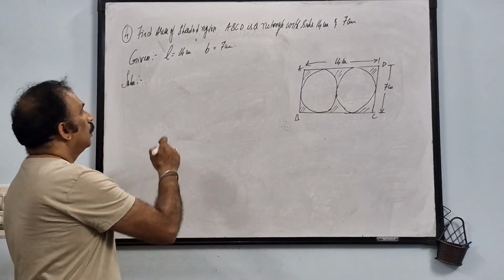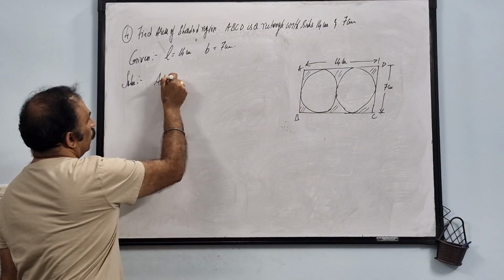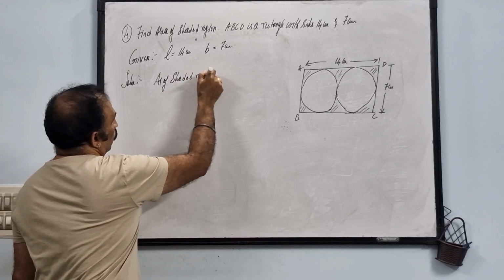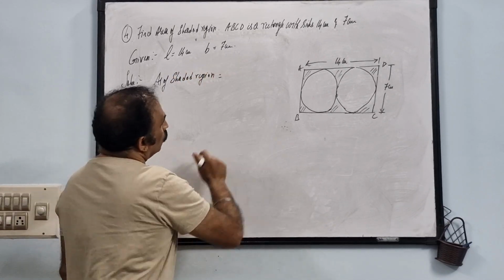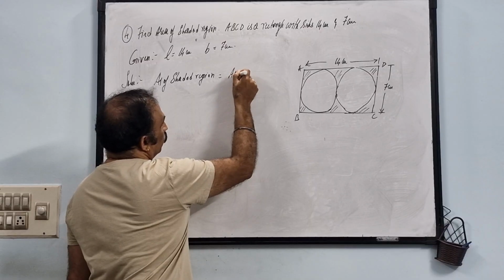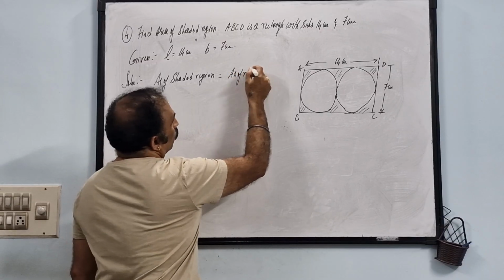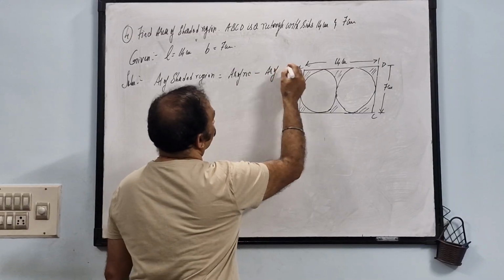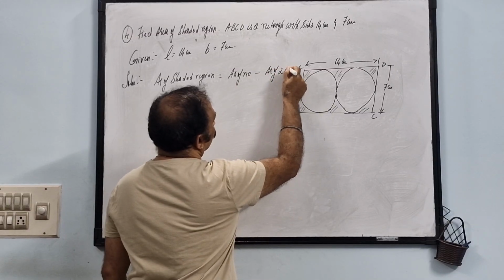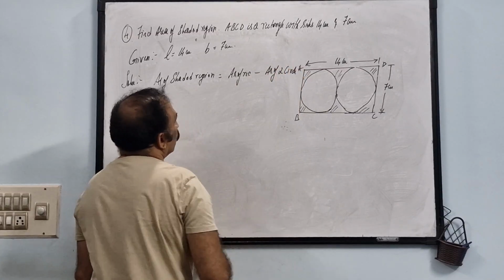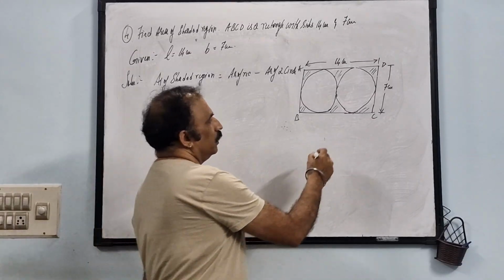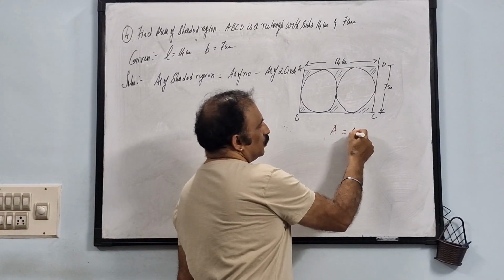That means area of shaded region is equal to area of rectangle minus area of two circles. Now for rectangle I have got length into breadth, and the area of circle formula is pi r square.